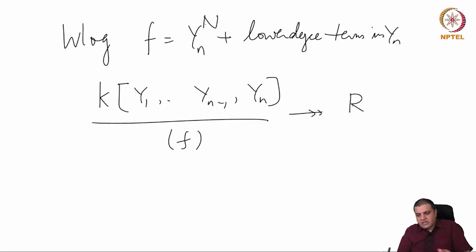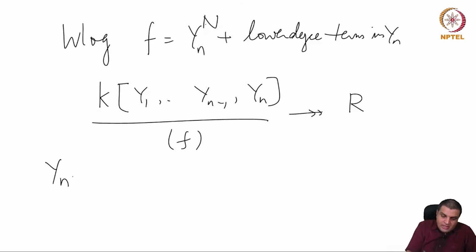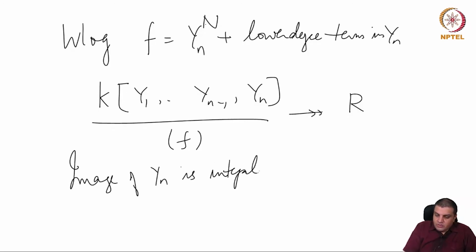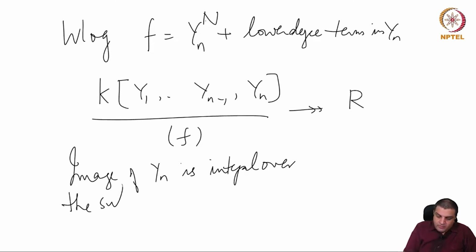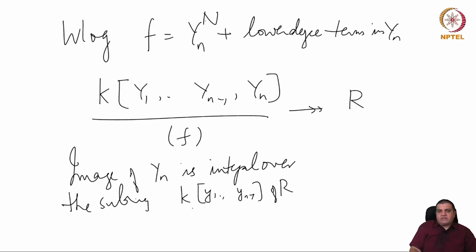Since f is just in the kernel, this surjects onto R, and in this ring, the image of y_n is integral over the subring k[y_1 through y_{n-1}] of R. Hence it suffices to prove the theorem for a smaller ring, and then we can bring it down till we actually get that there is no relation among them.